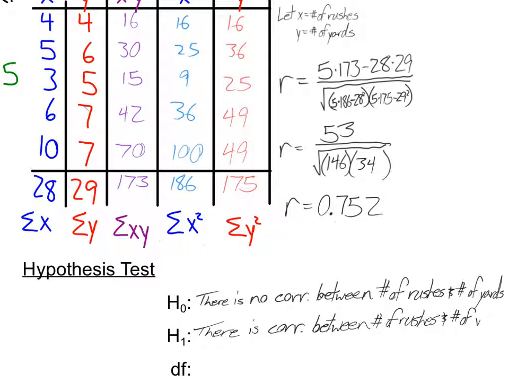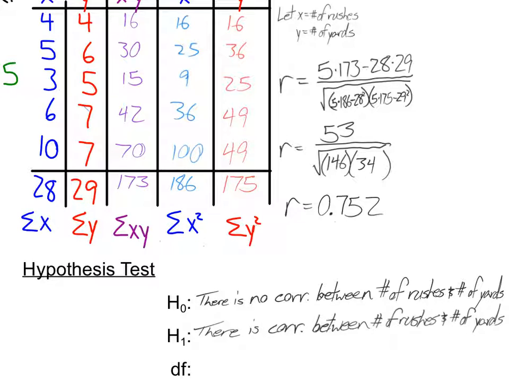But how do we know that there is no correlation, H0, but there is H1? Well, a hypothesis is an educated guess, trying to predict what's going to happen. Our initial hypothesis that we're testing is that there is no correlation.